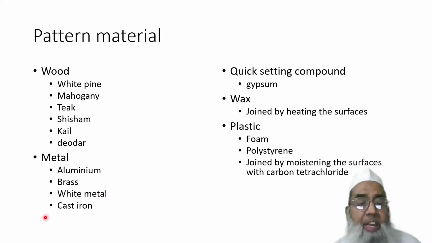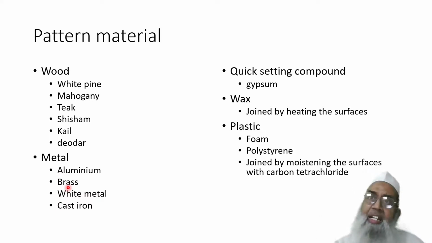They can be fabricated in different parts and joined using carbon tetrachloride. Now, while making a metallic pattern, we can cast it. To cast a metallic pattern, we need a master pattern which has the shrinkage allowances, so that after solidification it gets the size of the pattern, say of aluminium.